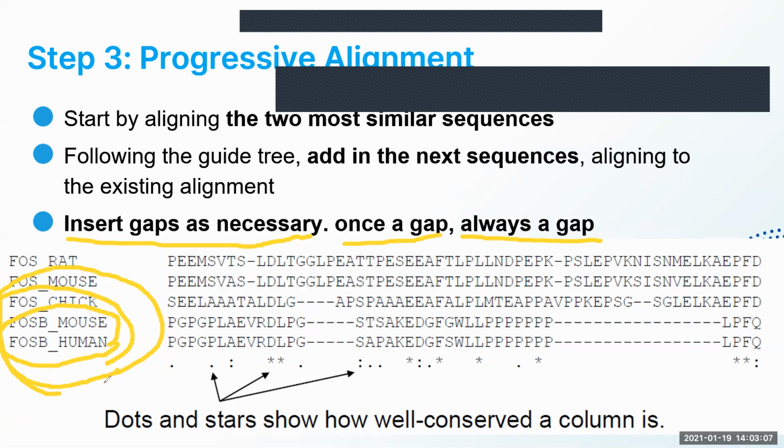You add the most similar sequences to your existing one. Suppose this is the most similar pair, then you add the next most similar sequence to these two. Like that you keep aligning. That's why we call it progressive, a sequential adding process.